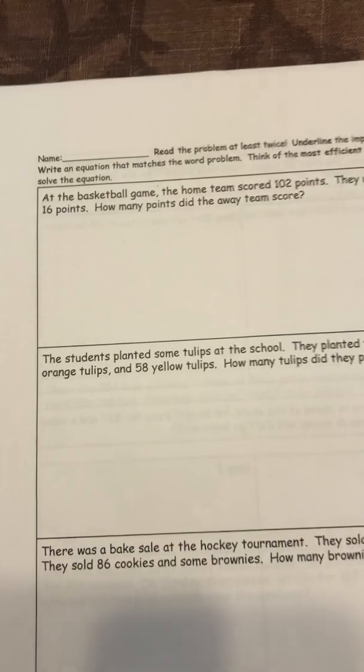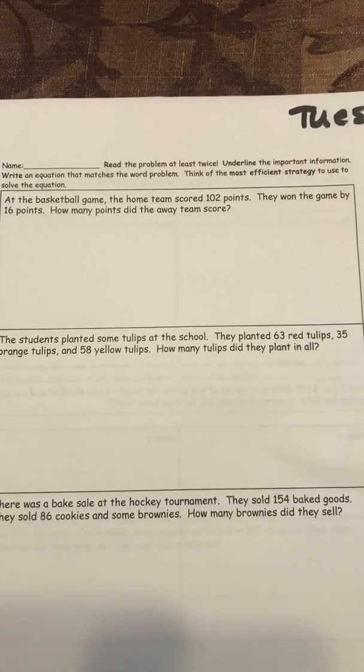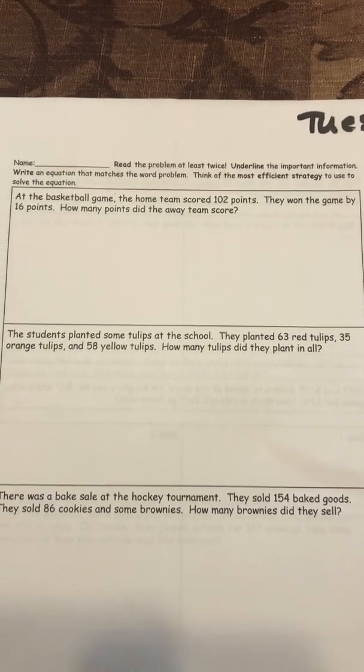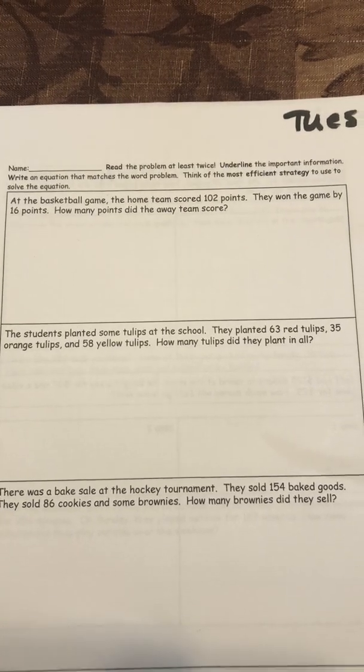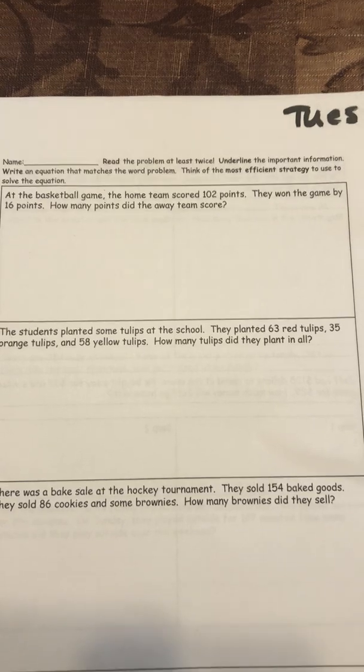The next problem on here is about some tulips being planted at school. The students planted 63 red tulips, 35 orange tulips, and 58 yellow tulips. How many tulips did they plant in all?